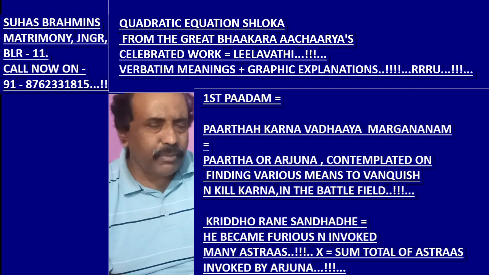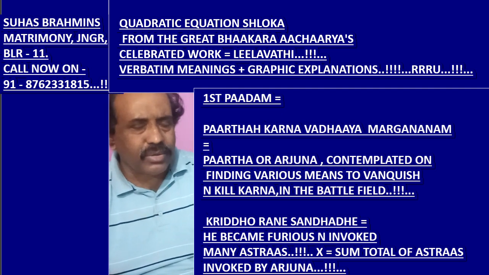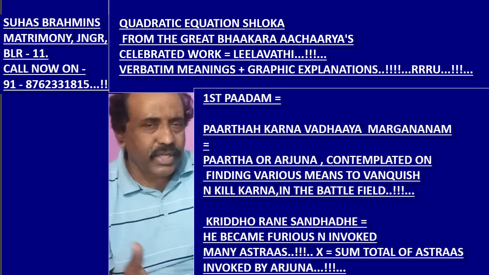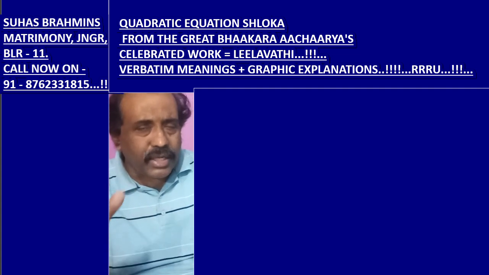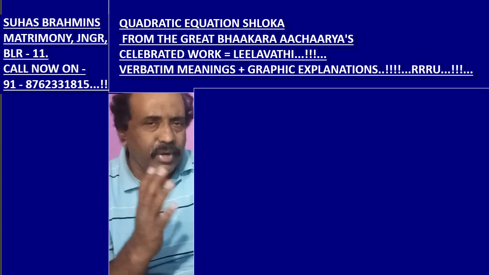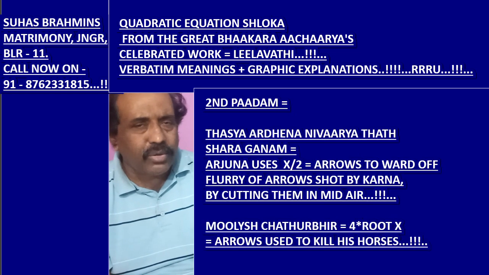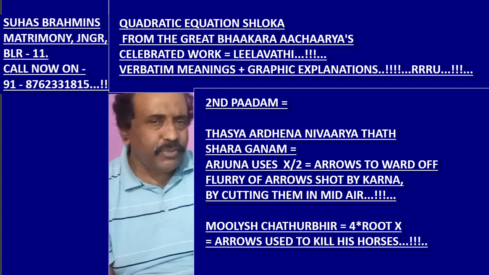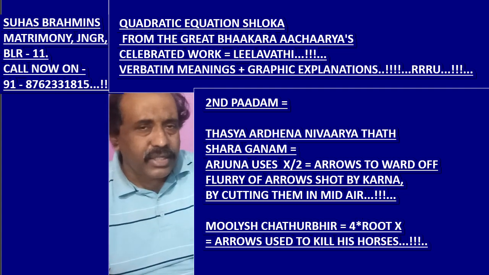So further, the second padam, we will see what BHAASKARA'Acharya has to offer. What he says is Tasyardhena nivaryatacharaganam. If X be the number of arrows used by Arjuna to kill Karna, so X by 2, tasyardhena nivaryatacharaganam.